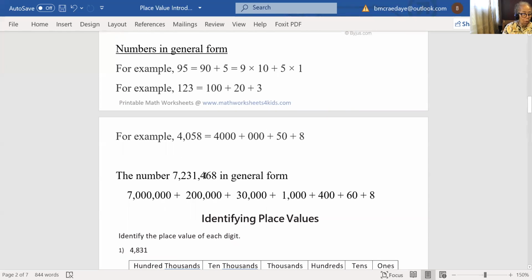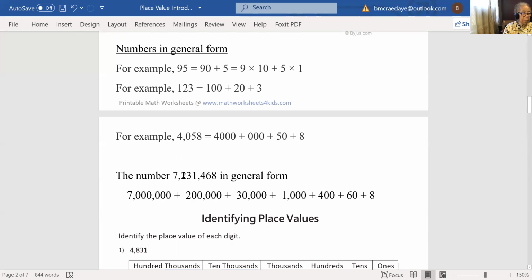The 4 represents 400. 4 times 100 is 400. The 1 represents 1,000. So we have our 1,000. The 3 represents 10,000. 3 times 10,000 is 30,000.